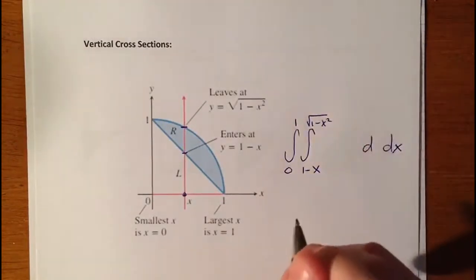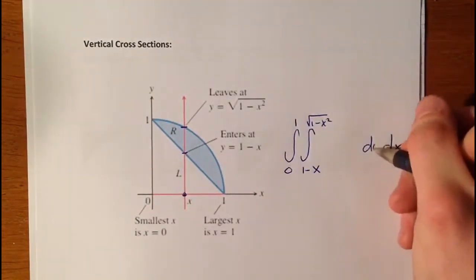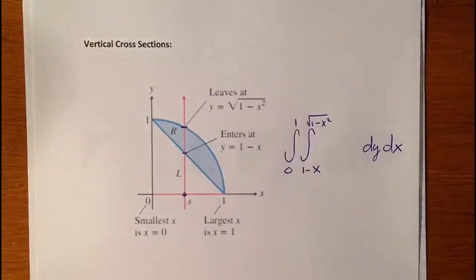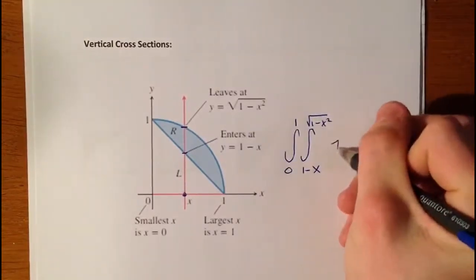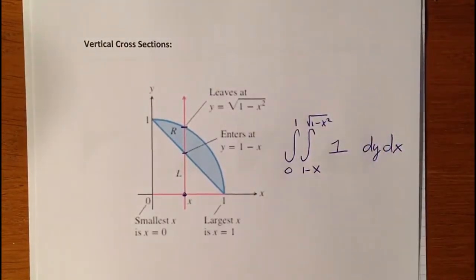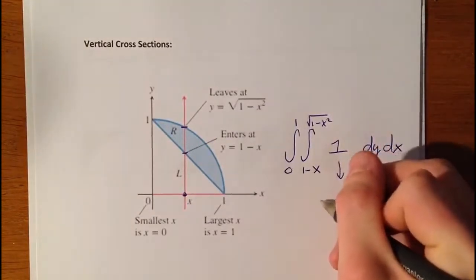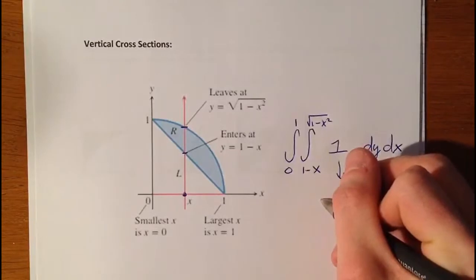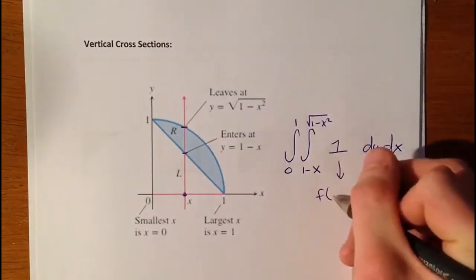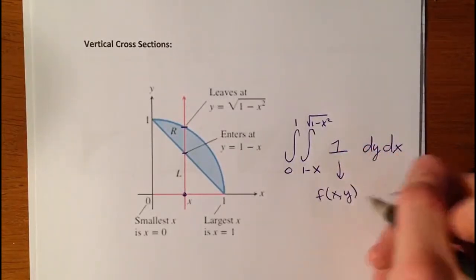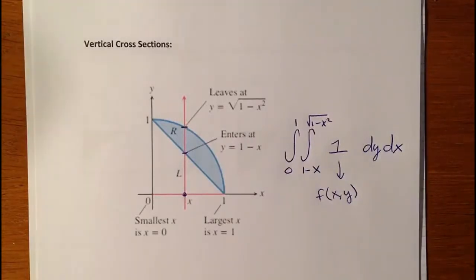If you want to compute the area, so this is going to be dy. If you want to compute an area, this is just going to be a 1. But if you are talking about a volume, this can also be a surface in three-dimensional space. So this is going to be something like f(x,y).